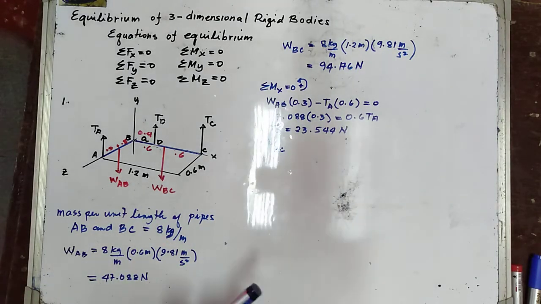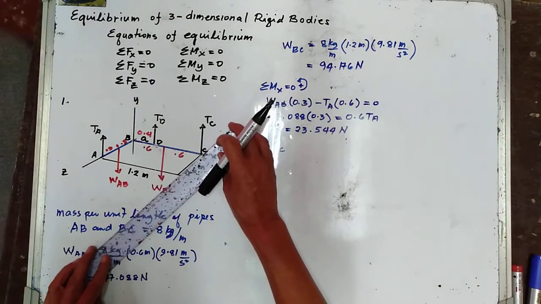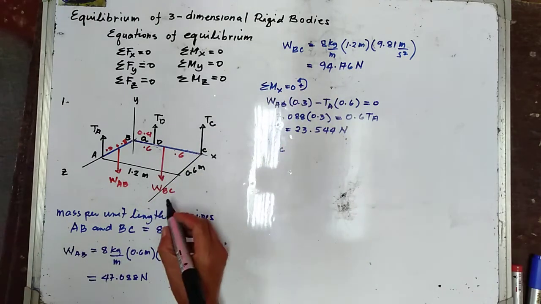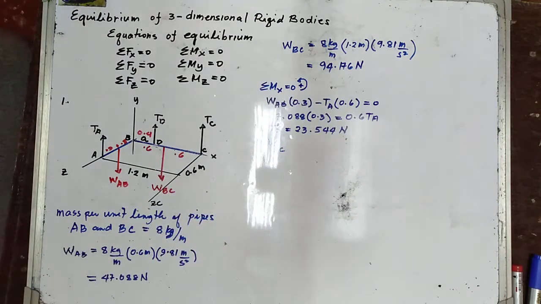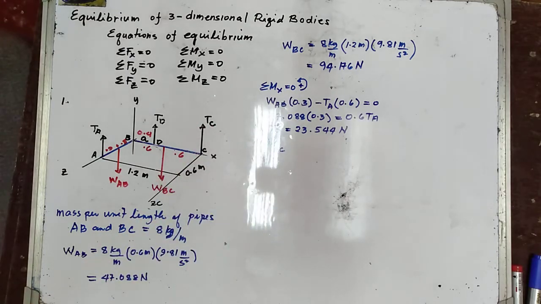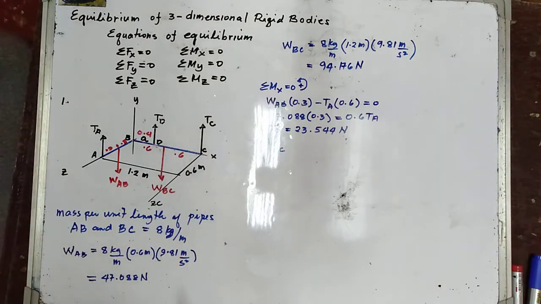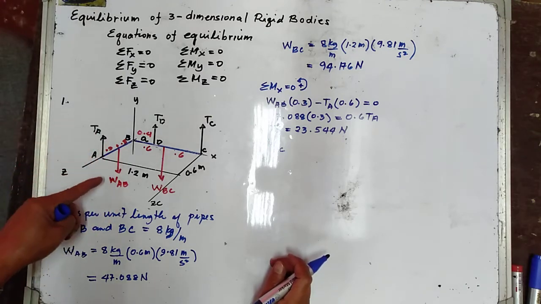Let us draw a line parallel to the z-axis passing through point C. So that is now our axis, say C. Now, if you take moment about the axis C, then TC has no moment because it intersects this axis.